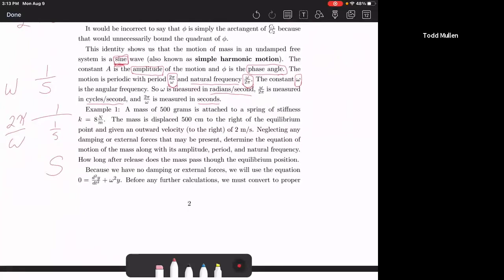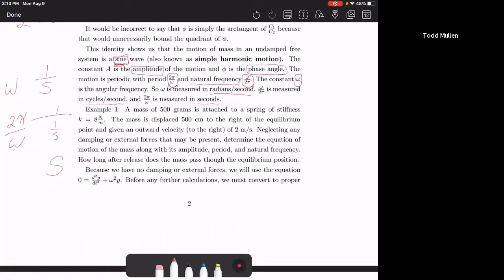So example 1, a mass of 500 grams is attached to a spring of stiffness k equals 8 newtons per meter. The mass is displaced 500 centimeters to the right of the equilibrium point and given an outward velocity to the right of 2 meters per second.